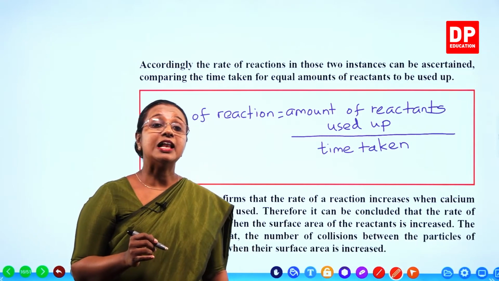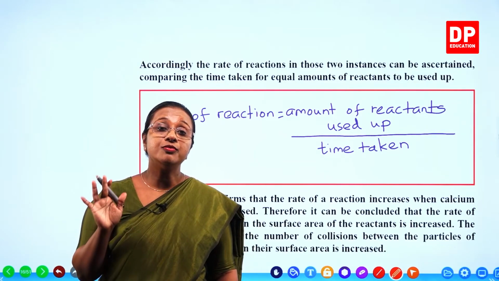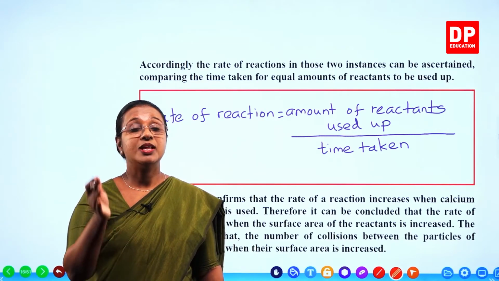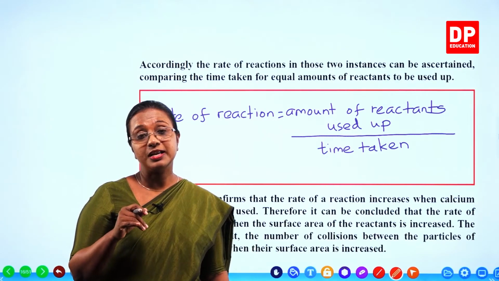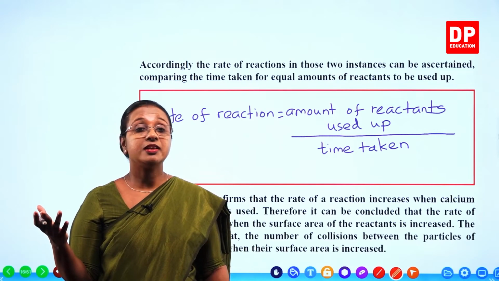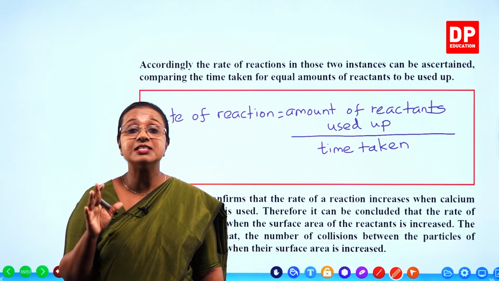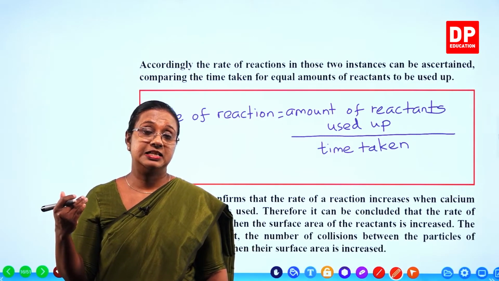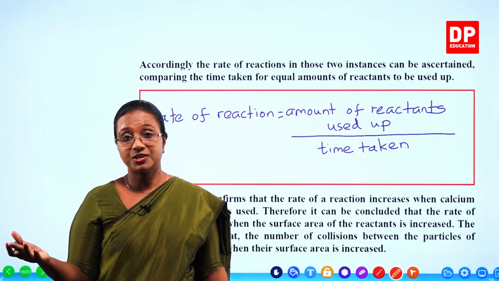Now that we calculated the time, you all know for powder, if we weigh the substance, let's say 10 grams of calcium carbonate takes 3 minutes for the reaction to complete when it is powder. So you divide 10 grams by 3 minutes. Then you get the rate of reaction.